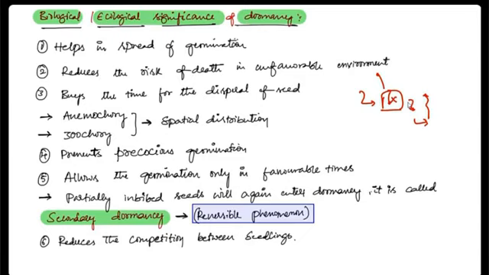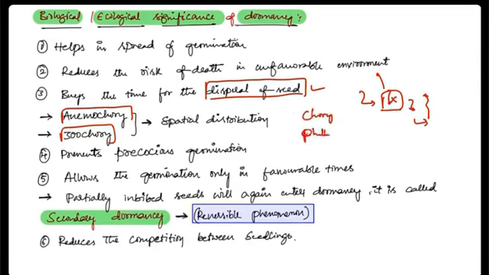Thirdly, they buy time for dispersal. They buy some time so that there will be a spread of germination. When I talk of dispersal of seeds, you have several mechanisms. The major ones are anemochory and zoochory. I think you have already heard about chory and phylly. What is the difference between phylly and chory?